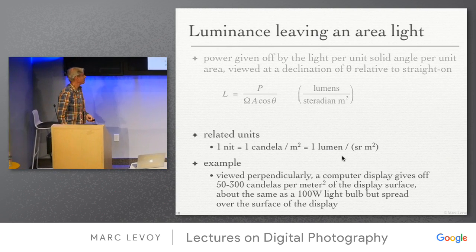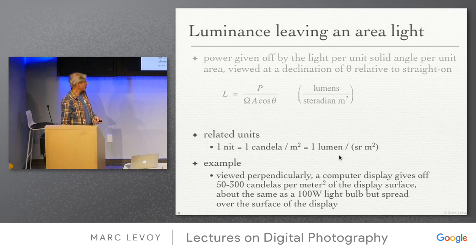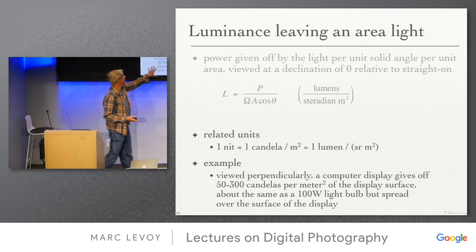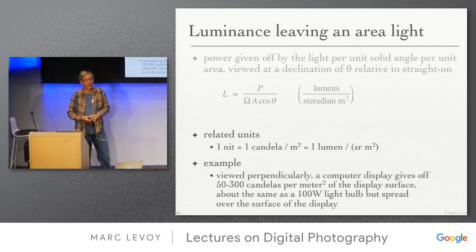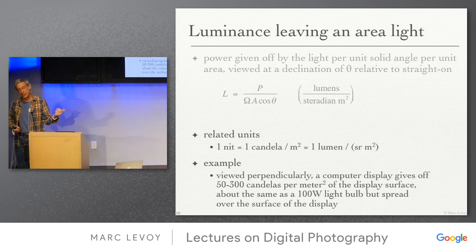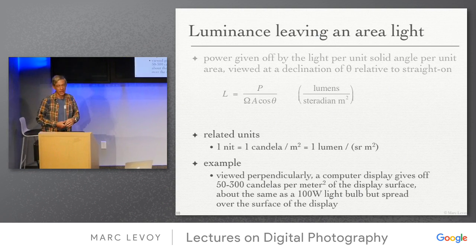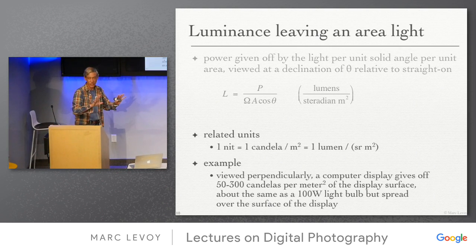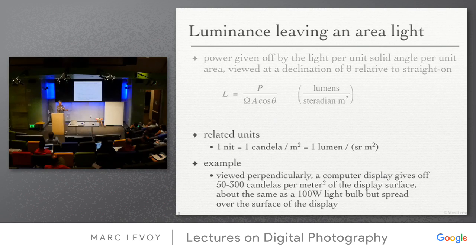A computer display, which is, as I said, not really uniform, gives off 50 to 300 candelas per meter squared of the display surface. Remember I said that a 100-watt light bulb is about 140 candelas. So you can think of a large computer workstation screen as being roughly the same as a 100-watt light bulb, but spread over the large screen.